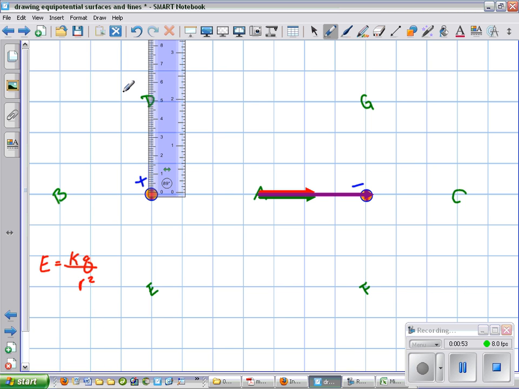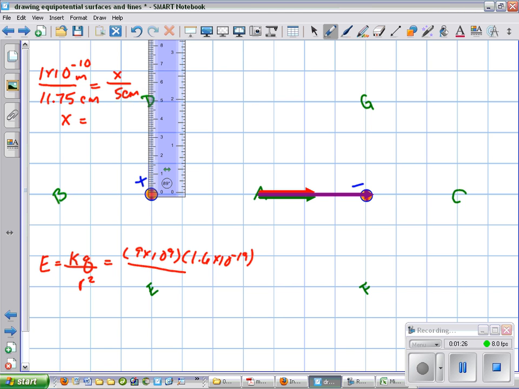I'm going to use my scaled distance, which is centimeters, this is meters. I'm going to use this scale distance in my formula here. So I get... also remember, make sure you square your R in this formula.